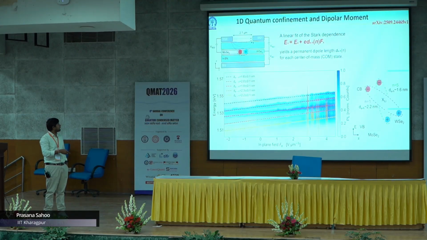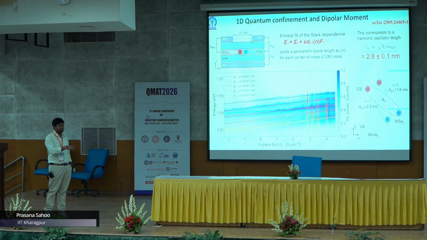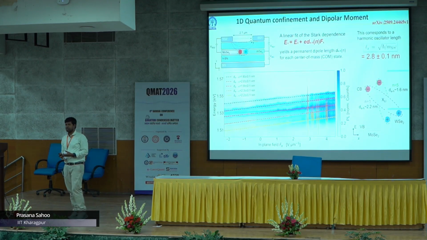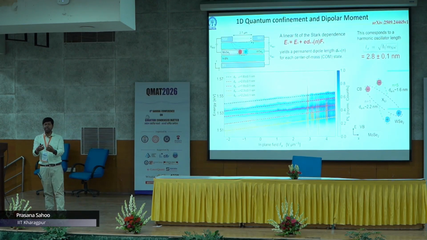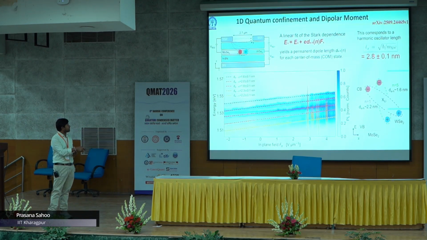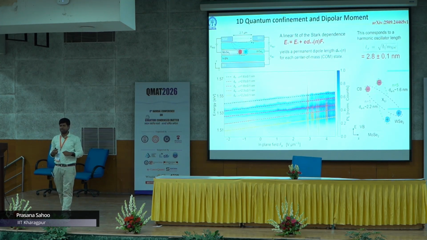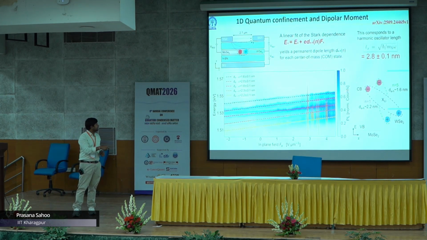From that one can calculate the dipole length, which is roughly, at largest, a 2.2 nanometer dipole sitting there, and the confinement potential one can extract from the harmonic potential well. So a 2.8 nanometer quantum well is sitting at the interface, and all these 5 exciton states are present. Okay, so that was very super exciting.